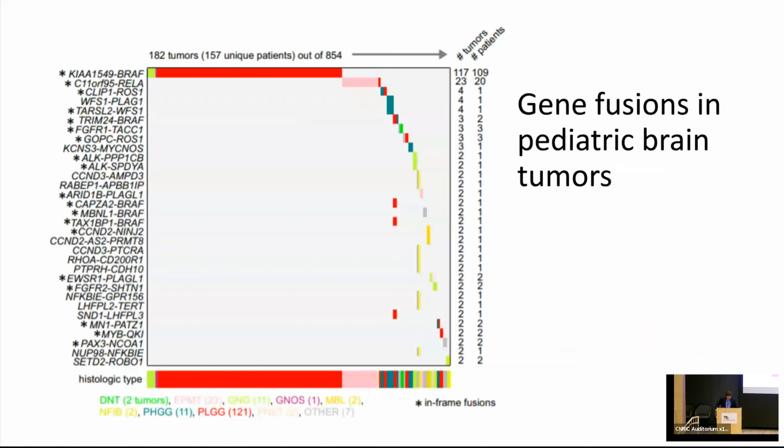I've shown here are the top gene fusions in pediatric brain tumors involving 2 or more tumors, and then many other fusions just detected in one tumor. But no surprises here. You can see the well-known BRAF fusion in low-grade glioma and the RELA fusion in ependymoma. And then there's this long tail of fusions that occur in 2 to 4 tumors.